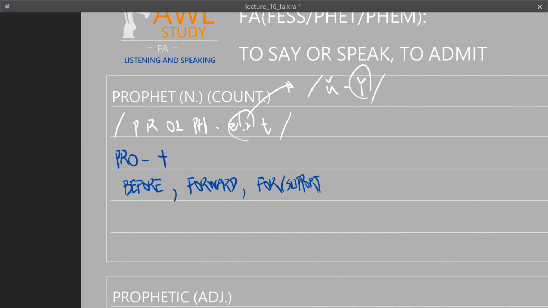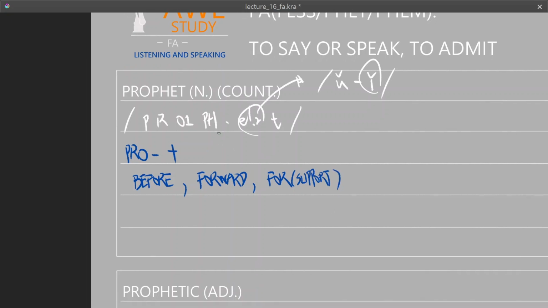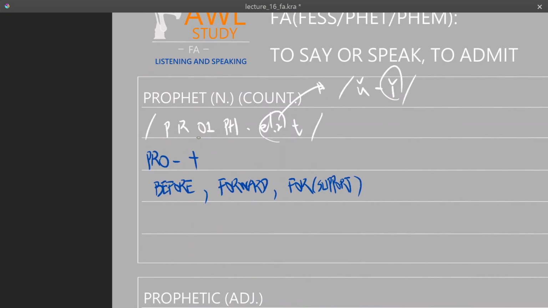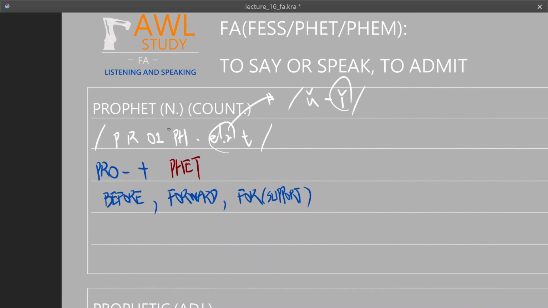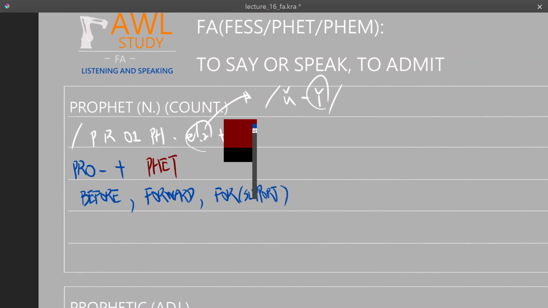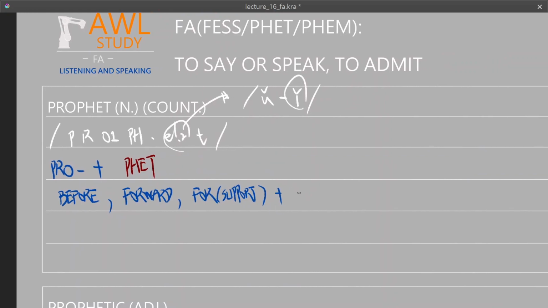Support someone or something. All right, now we have the root that means to say or speak. To say or speak.